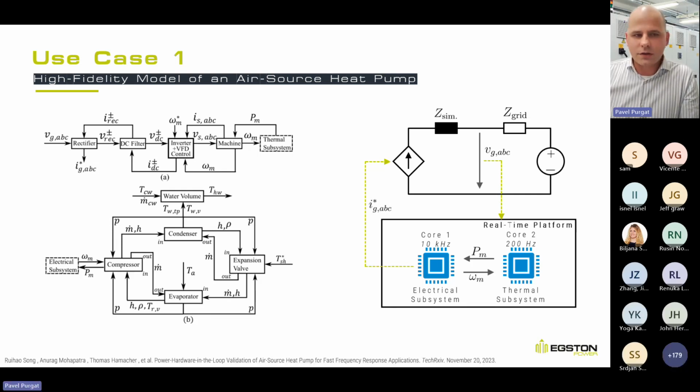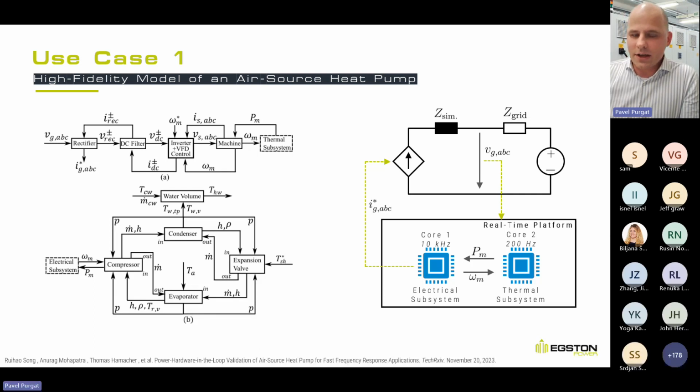And the two models, the thermal and the power model, are then linked by the power and the rotating speed of the machine. If you would want to use that kind of a model for a P-HIL setup, the model itself is again deployed on a real-time platform. This time it is split in two. So the slower thermal subsystem is simulated on one core with only a 200 Hertz step.